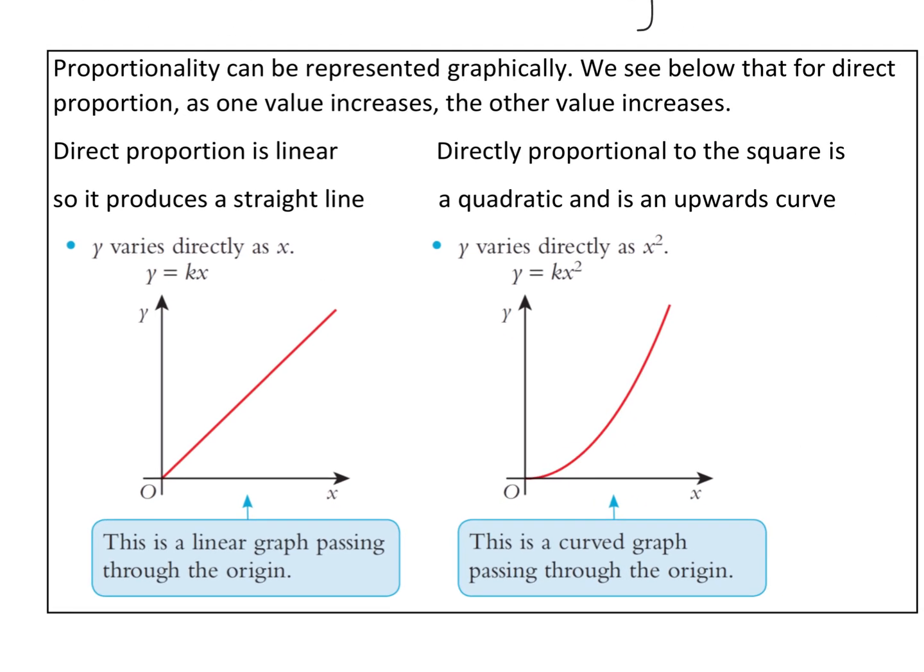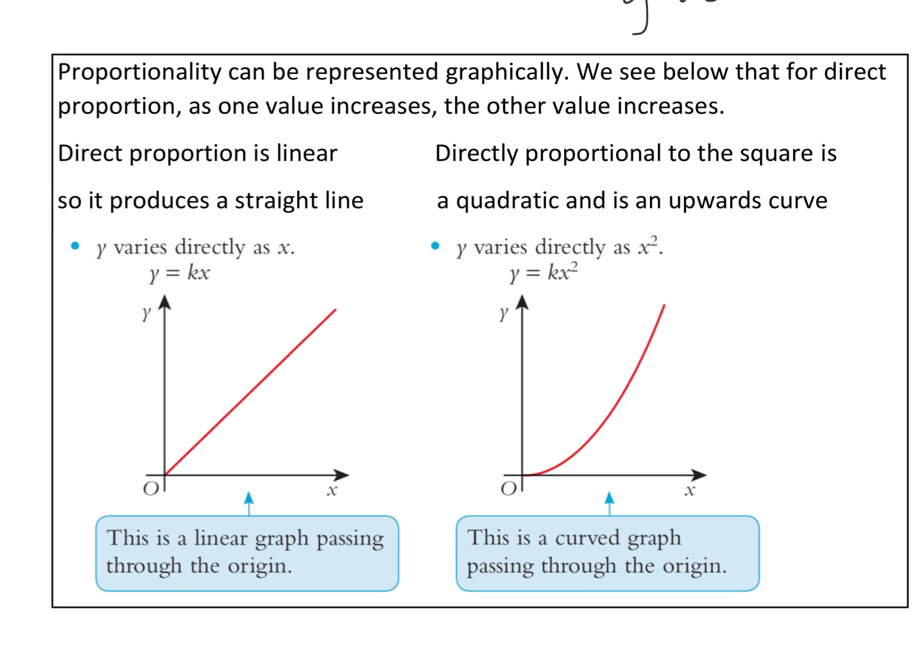So to finish off, we're going to look at representing these proportions graphically. So proportionality can be represented graphically. We see below that for direct proportion, as one value increases, the other value increases. So if you take the coordinates in this graph, the x value is getting bigger as we go to the right, but also the y value is getting bigger as well. So as one increases, the other one does.